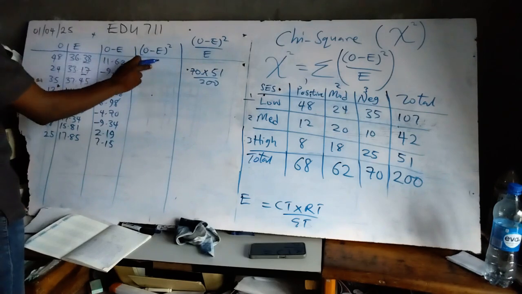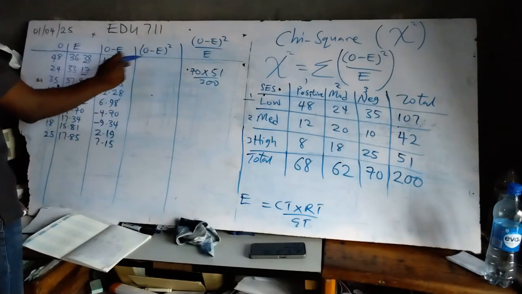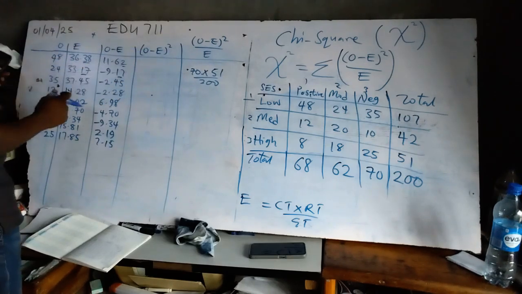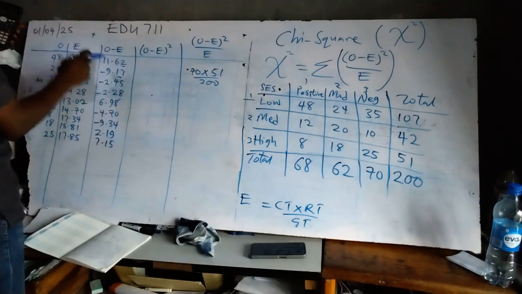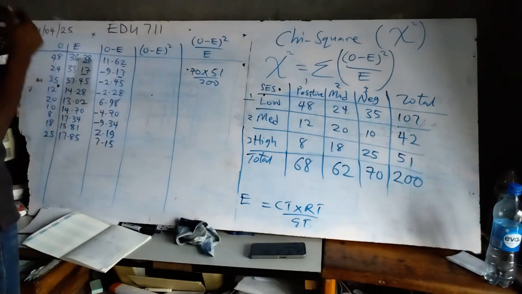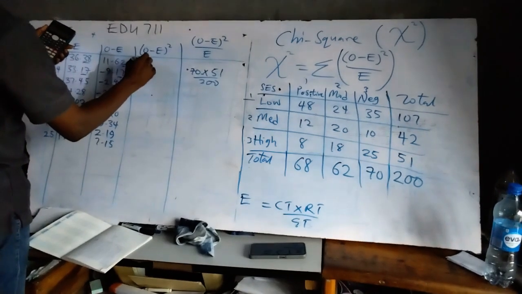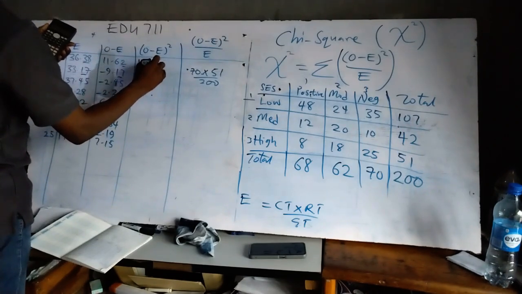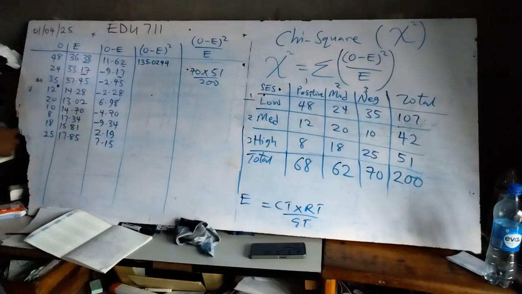So whatever you get here as the square of 11.62 must end with 4. If it doesn't end with 4, then there's a problem. So let's see. 11.62 squared gives us 135.0244.